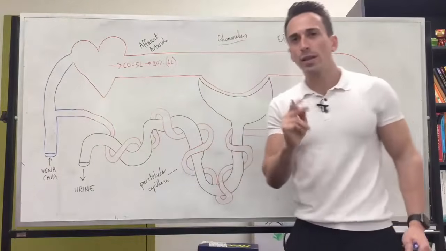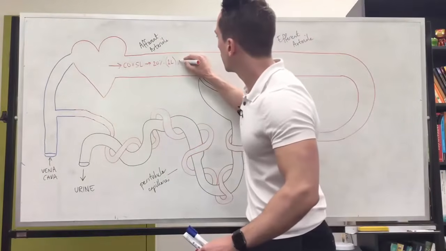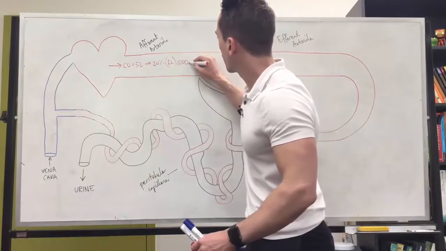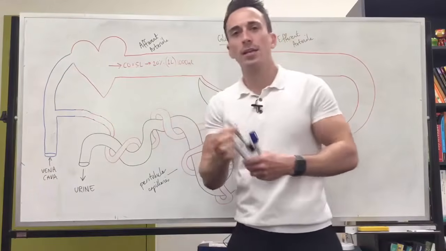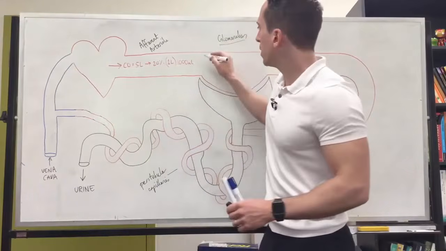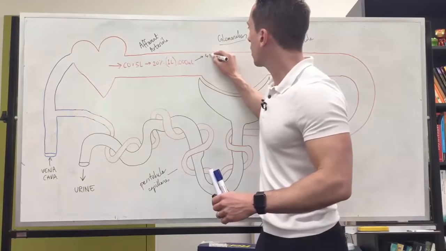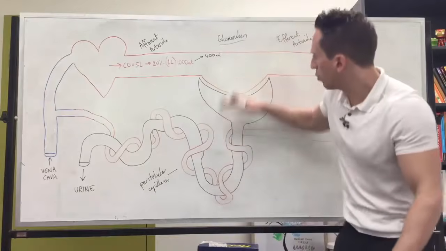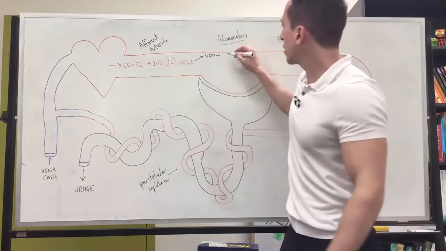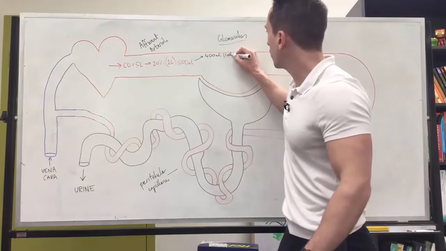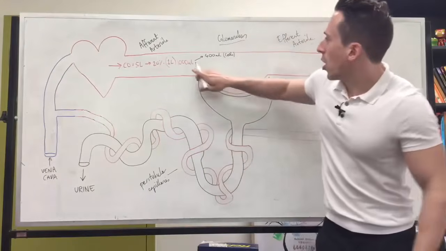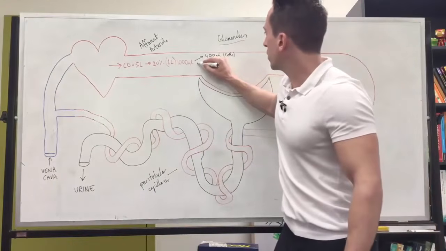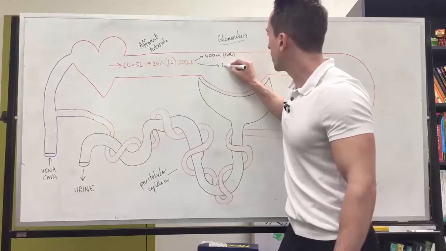Now, of that 1 litre, which is 1,000 mils, around 400 mils are things that are too big to be pushed across that glomerulus. So these are going to be cells, proteins, for example. Now, the rest, the 600 mils, is going to be plasma.